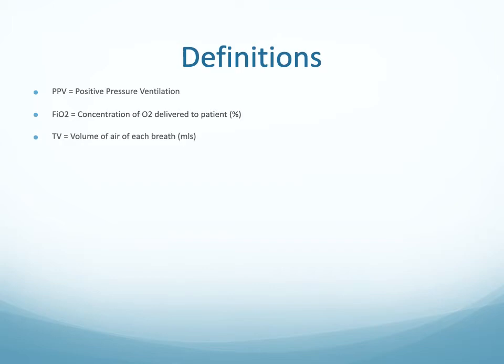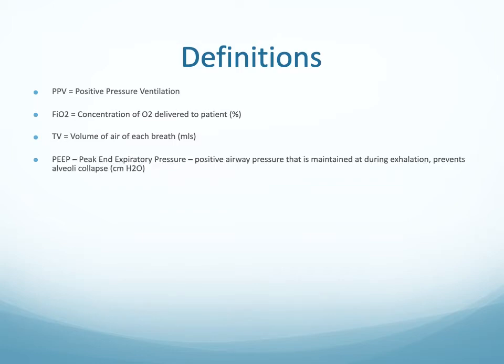Tidal volume, TV, that's the volume of air of each breath, that's measured in mils. PEEP is your positive end expiratory pressure. That's positive airway pressure that's maintained. I think it says during exhalation, but it's at the end of exhalation. And what that does is that keeps the alveoli open at the end of expiration to prevent them from collapsing, and that's measured in centimeters of water.